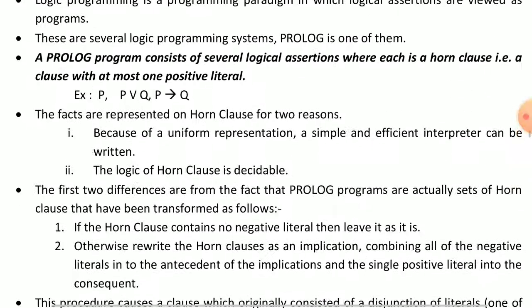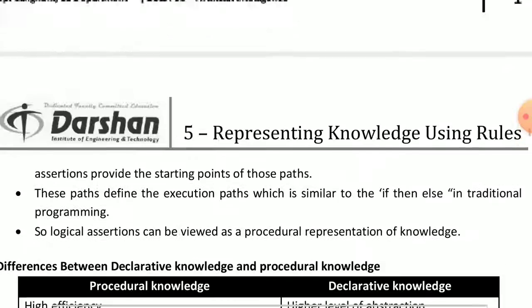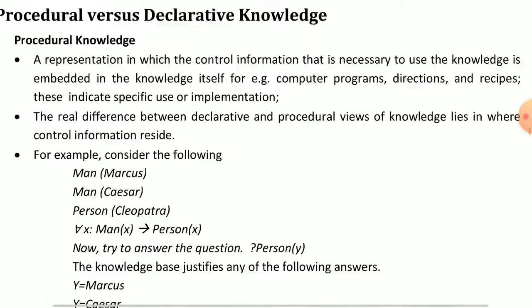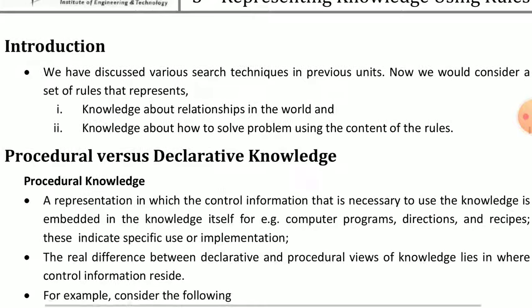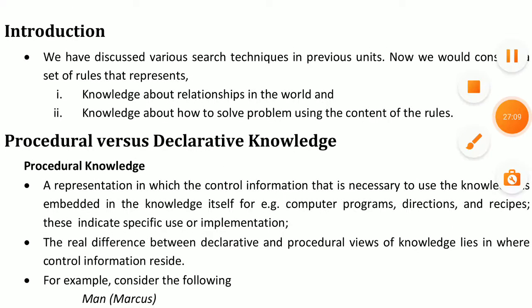Now I will revise today's video lecture topics. Today I started the next topics of unit number 3. Our unit 3 is knowledge representation. In the previous video lecture I completed the resolution topic, its basic definition and its algorithms. Today I started procedural versus declarative knowledge.